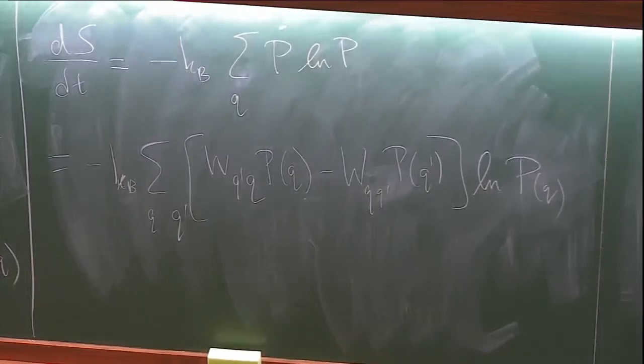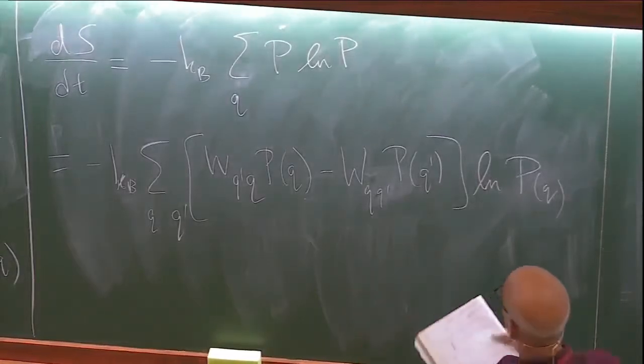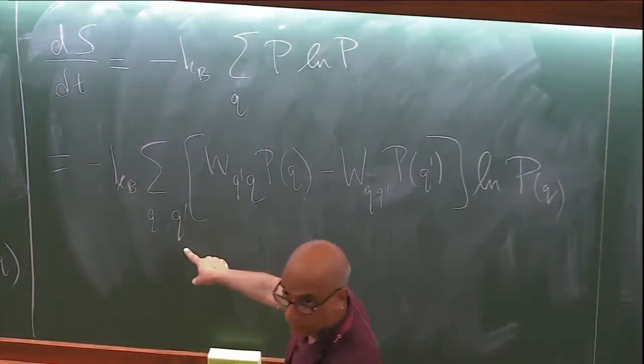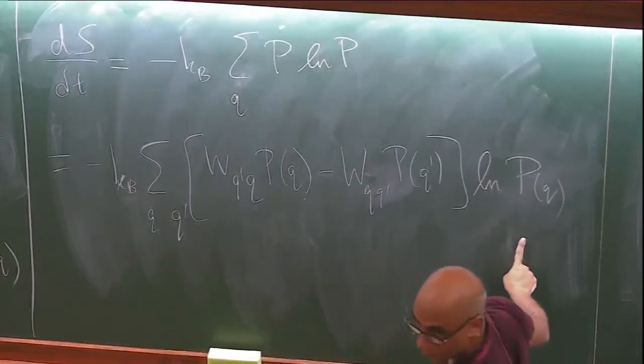So let's rewrite this slightly differently. Let me just leave these out for the time being. Since I'm doing a sum over Q and Q prime, I can symmetrize this over Q and Q prime.